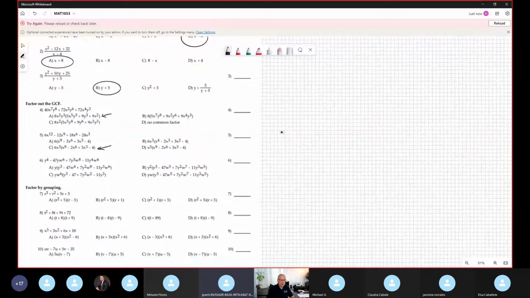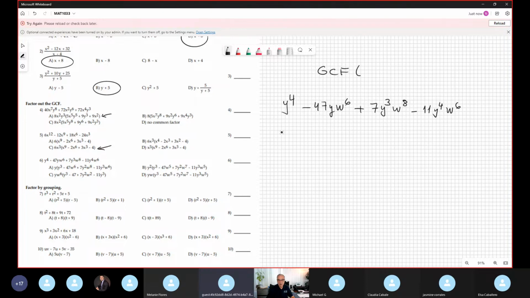Let me go to number 6, it is y to the 4 minus 47 y w6 plus 7y cubic w8 minus 11 y4 w6. Wow, it's weird, because the numerical parts of the GCF, the coefficients here are 1, 7, 7 and 11.